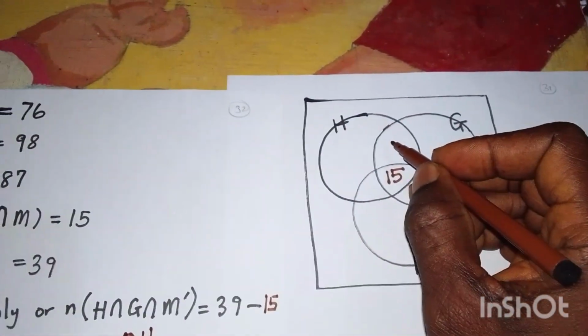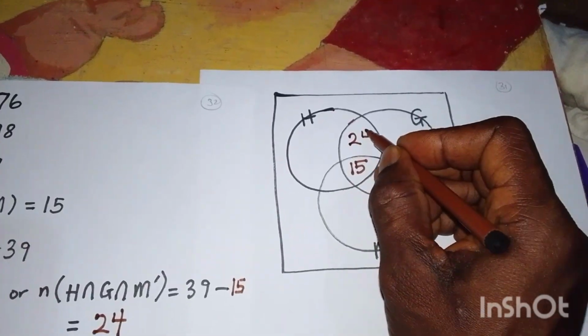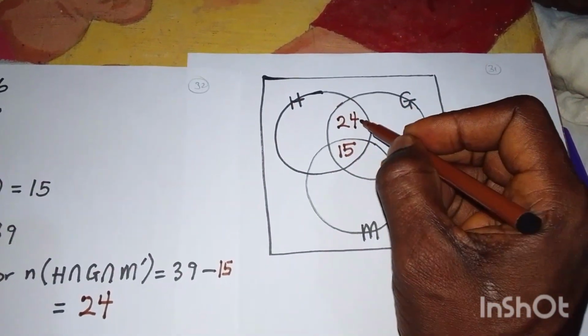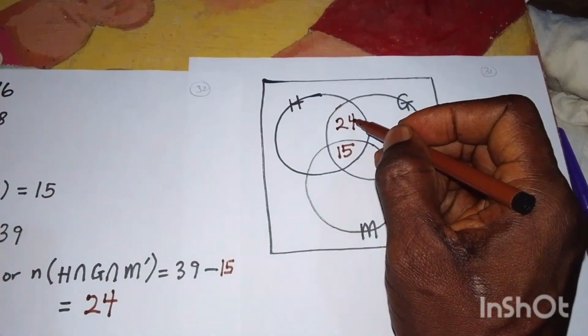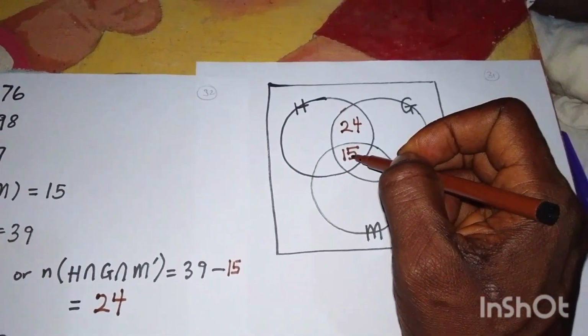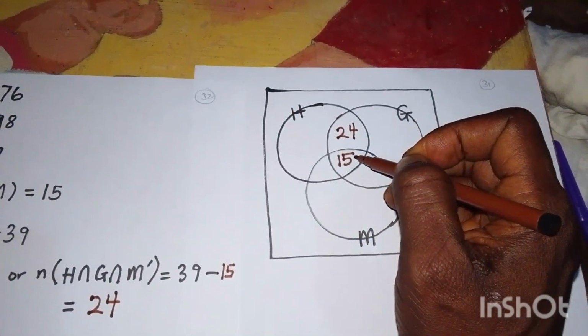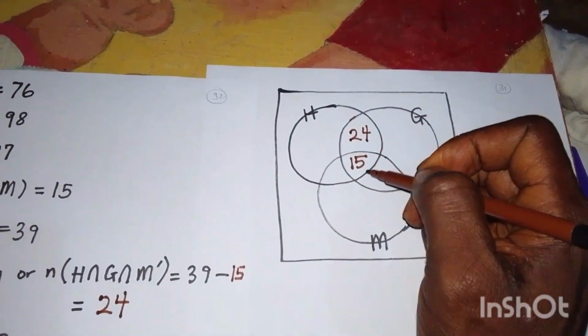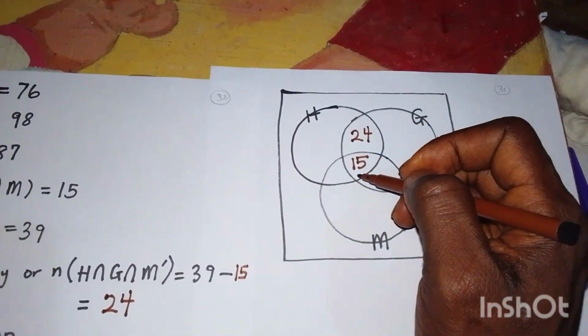So those 24 students are going to be represented here. Everything in this space will now be those that like the two subjects only and those that like the three subjects. So 24 plus 15 will now give us 39, those that like history and geography.